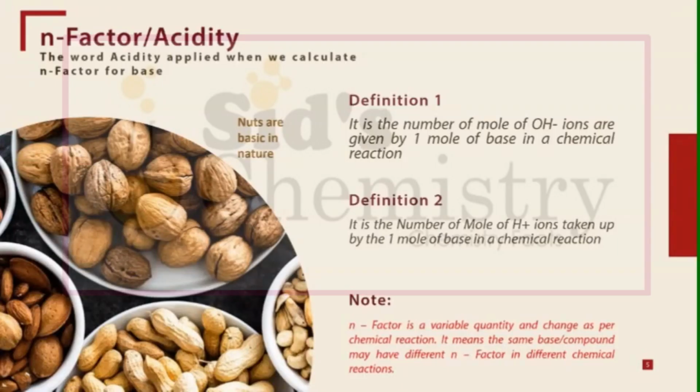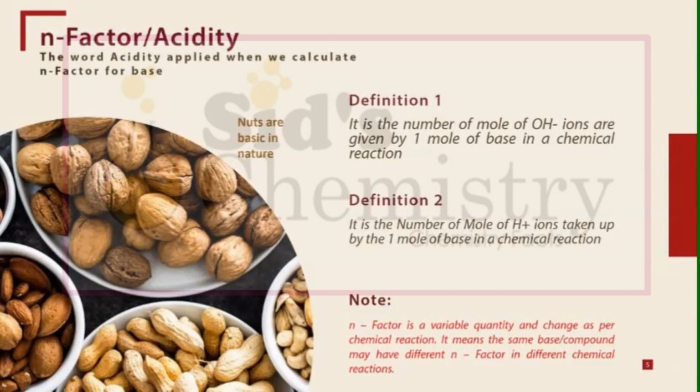Dear friends, let us clear that n factor of base is called acidity, and there are two definitions to make it understood. Definition number 1. It is the number of moles of OH minus ions which are given by 1 mole of base in a chemical reaction. Definition number 2.